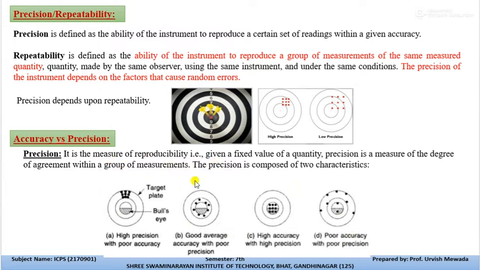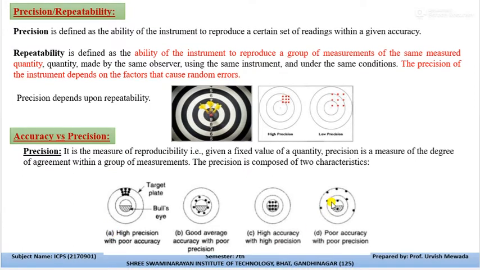It is a measure of reproducibility, given a fixed value of a quantity, and precision is a measure of the degree of agreement within a group of measurements. So precision is basically composed of two characteristics. From the diagram we can easily understand all the modes of precision and accuracy, and the difference between them.